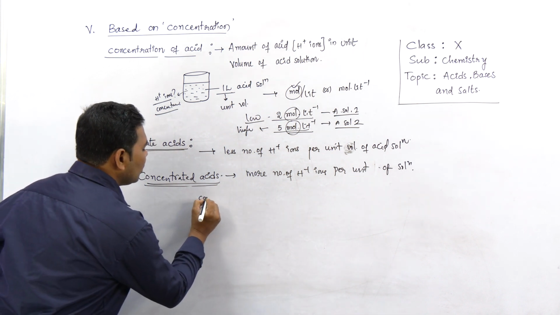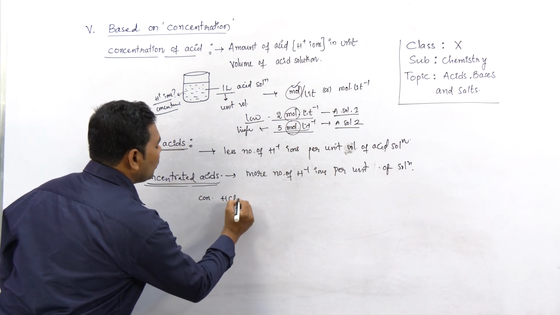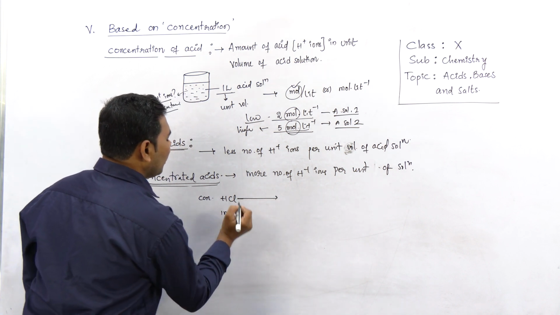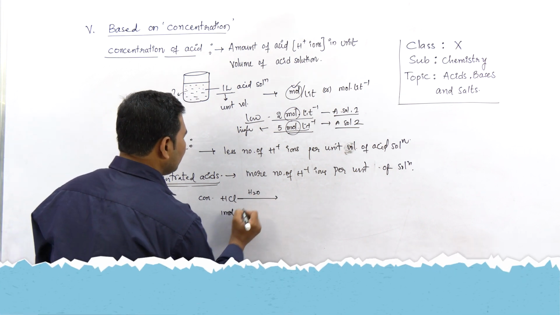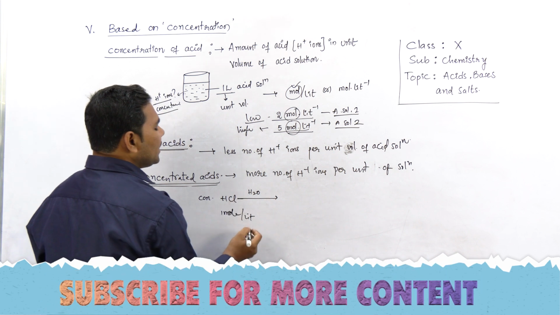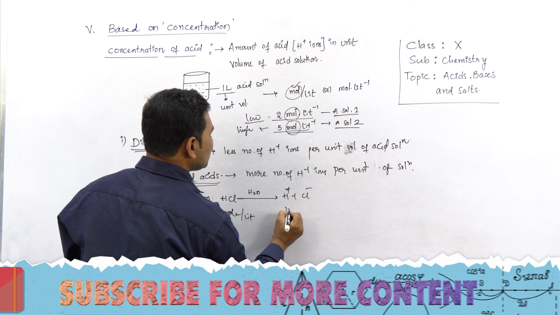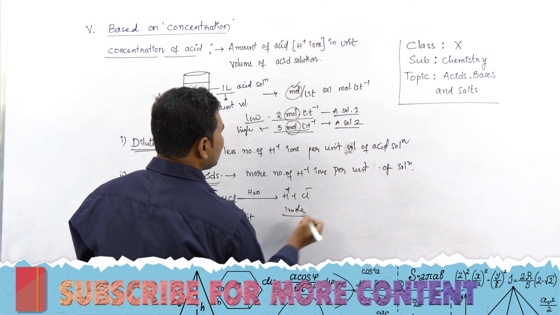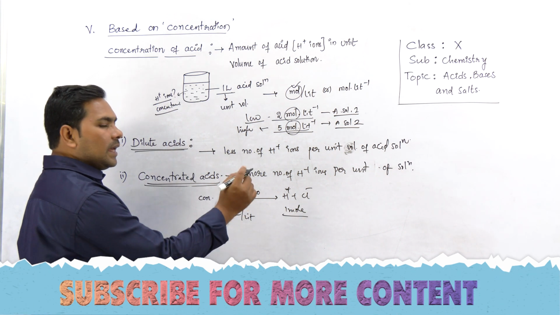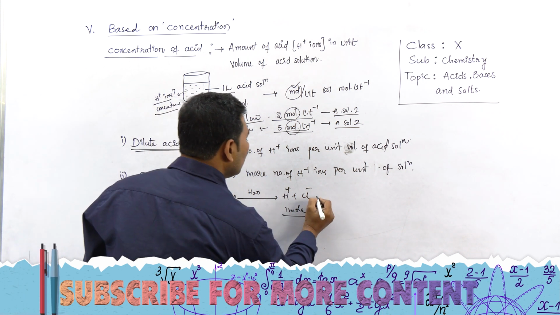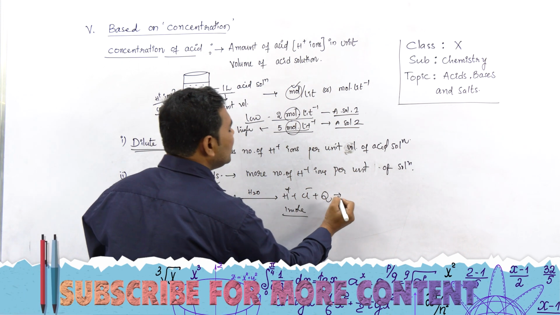For example, let's take a concentrated hydrochloric acid, 1 mole per liter. Concentrated hydrochloric acid produces 1 mole H plus ions and 1 mole Cl minus ions per unit volume. For dissociation of each and every molecule, some amount of heat energy is released.